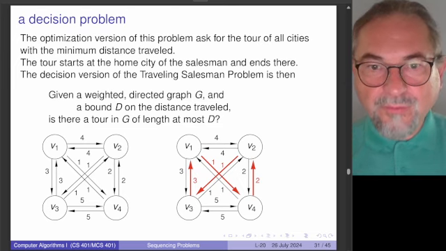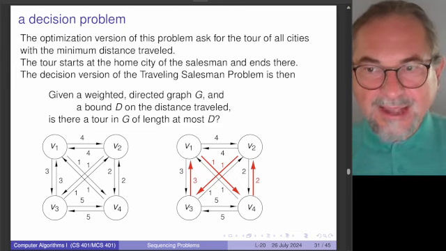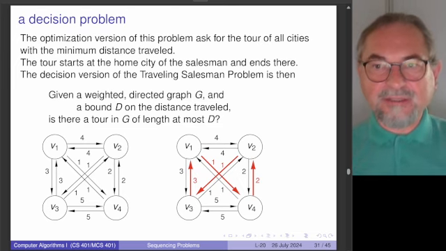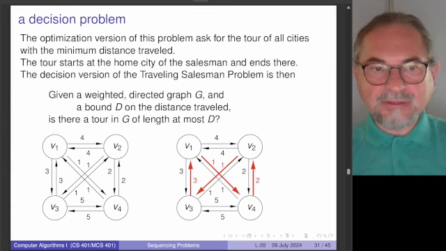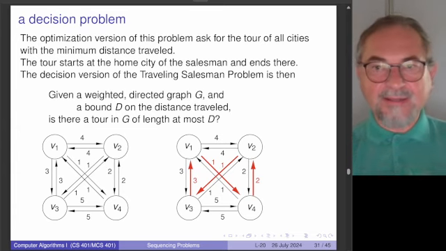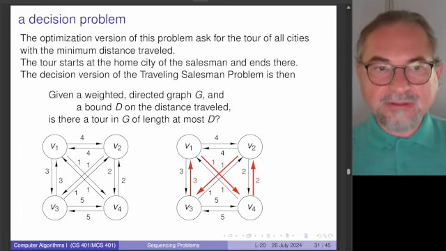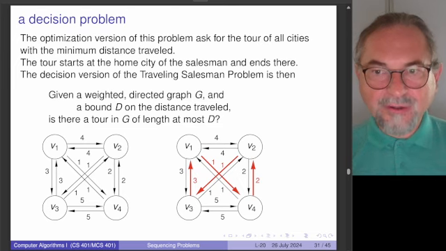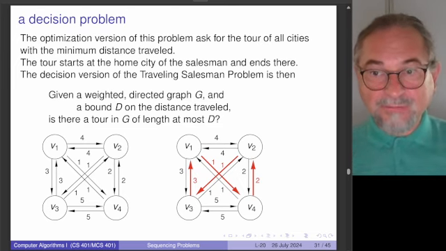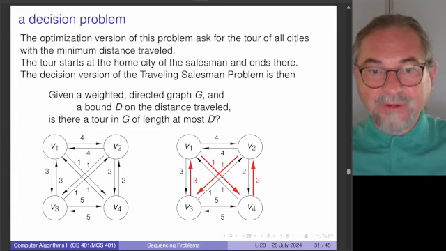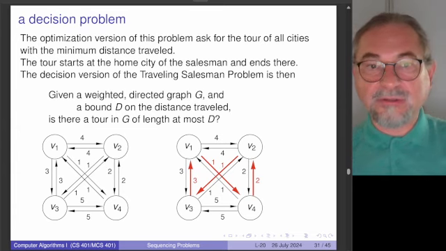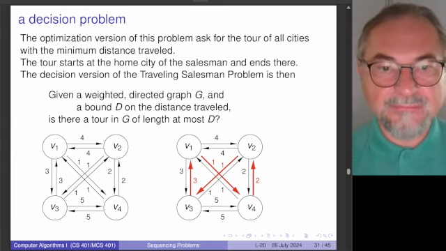So we are adding an additional number to the input. We ask, for the weighted and directed graph given on input, is there a tour where the sum of the lengths of all the edges that you visit, so the sum of the distances, is bounded by that D?